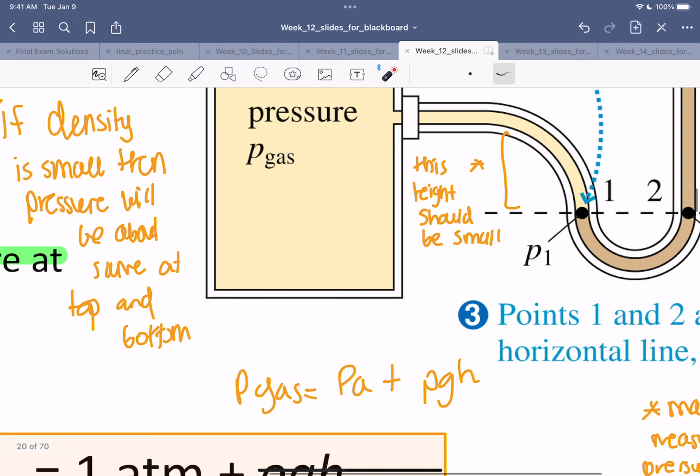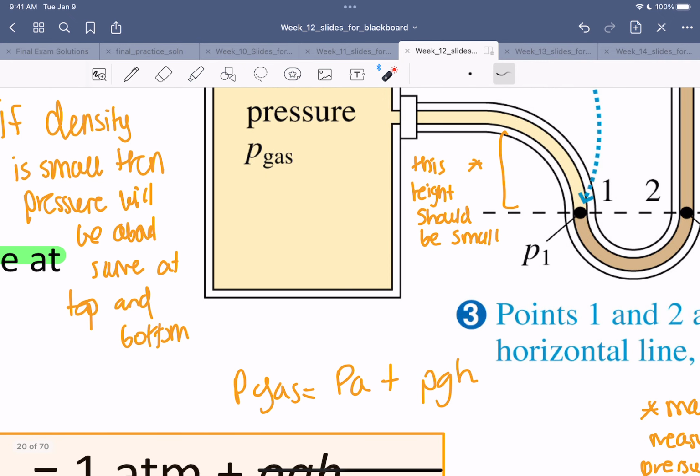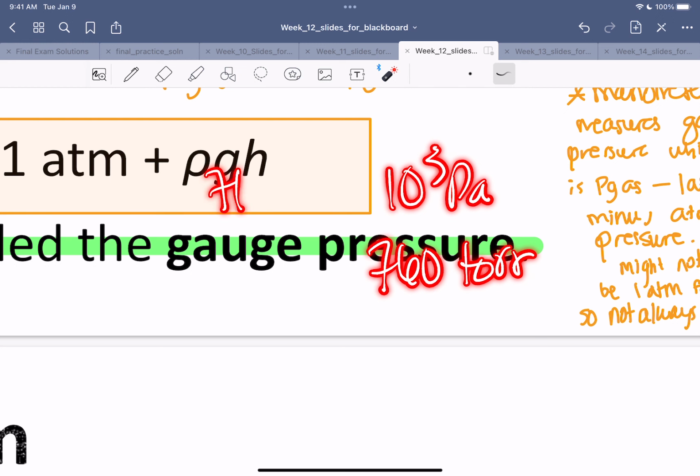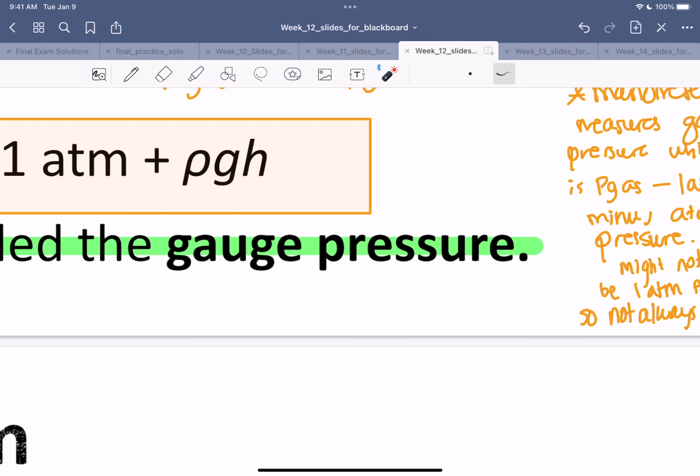Subtract 760, the atmospheric pressure in that respective unit. Atmospheric pressure is 10 to the 5th pascals, also 760 torr, also 760 millimeters of mercury, and 1 atmosphere. If I had 3 atmospheres, I take 3 minus 1. If my absolute pressure was 780 millimeters of mercury, I take 780 minus 760.